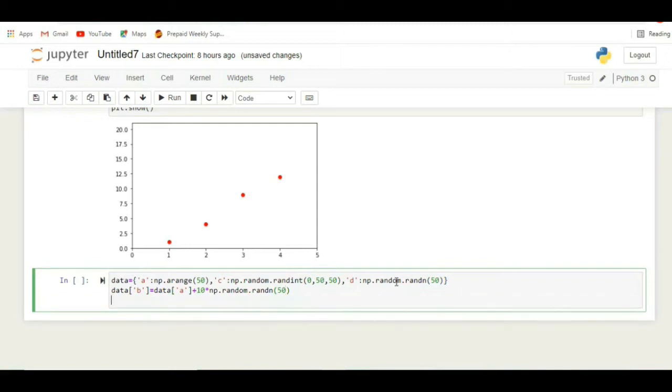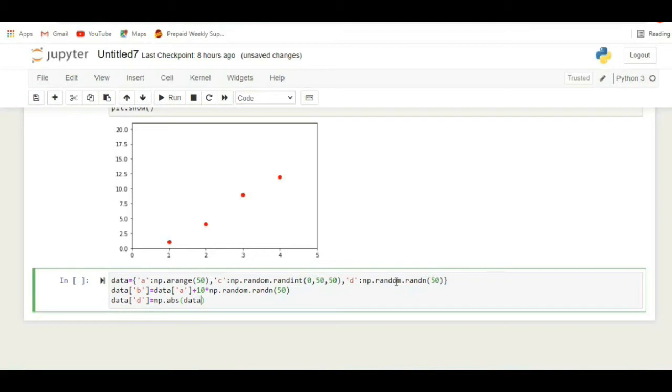Okay, the complete code is data 'a'. Yes, this will be written as data 'd' is equal to np.abs, the absolute value of ABS.